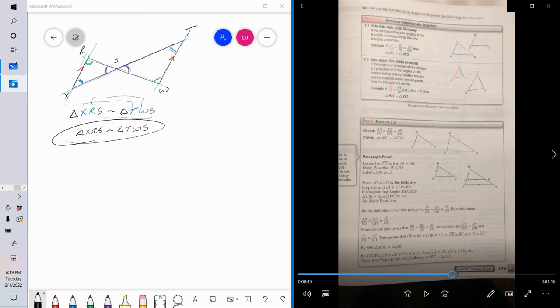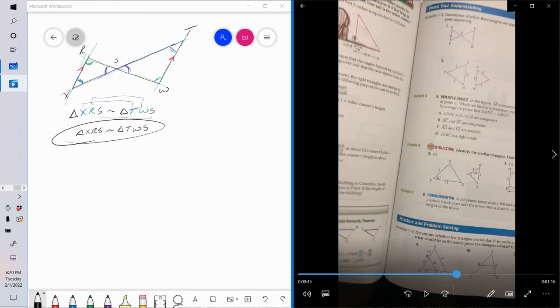So as long as we have a constant scale factor, if the ratio of JK to MP is equal to the ratio of JL to MQ and LK to PQ, then the two triangles will be similar. The same thing with side-angle-side. And then down here is the proof. I'm not going to redo that for you. Let's look for some application of that.